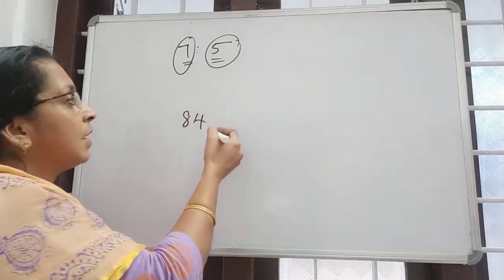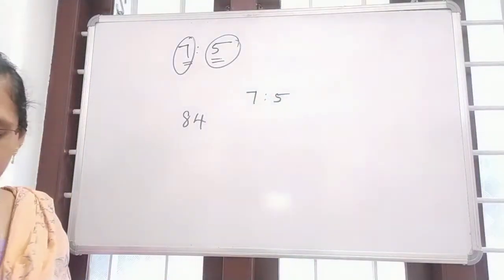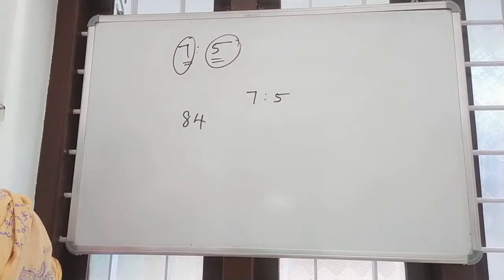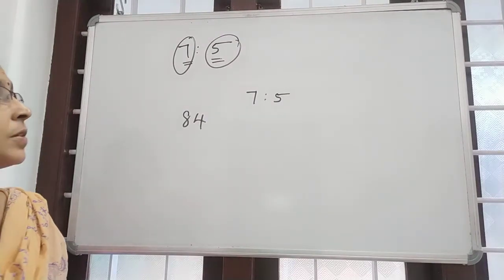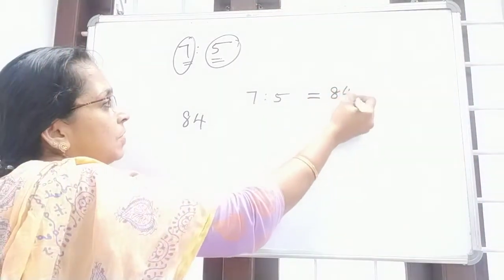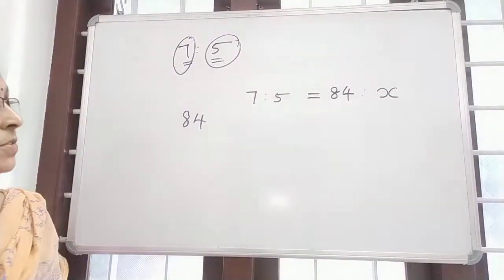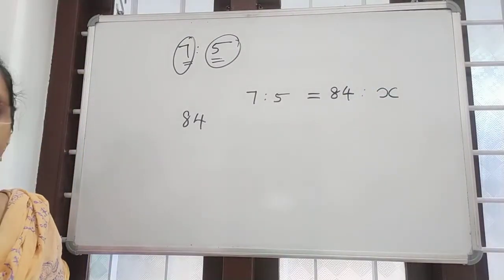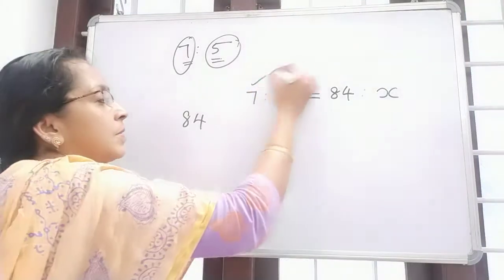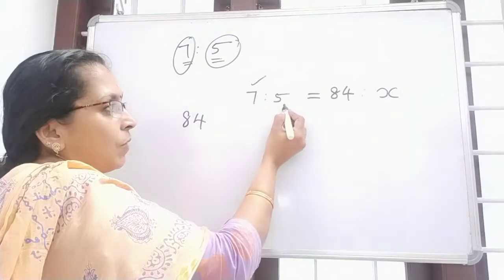So how can we write? 7:5 is equal to 84:x. Can we write this way? The ratio of 7 is original and the new one.